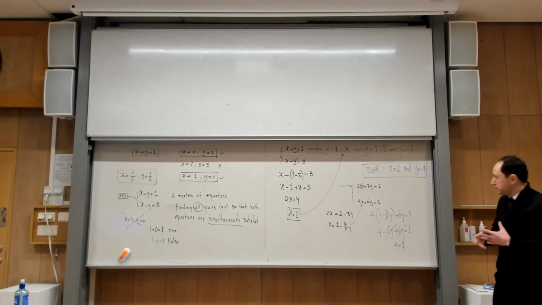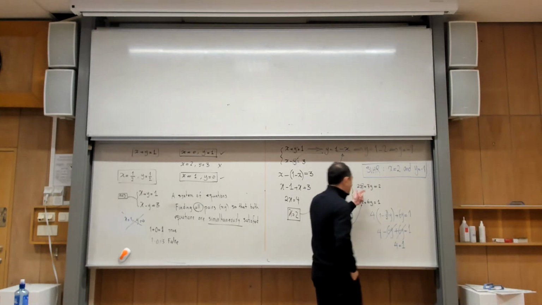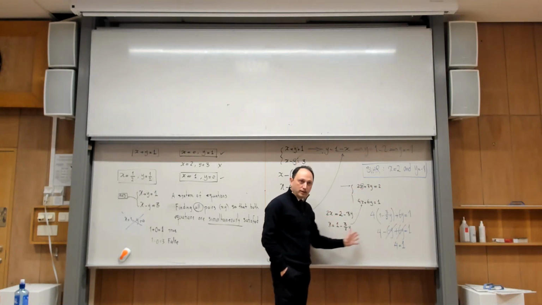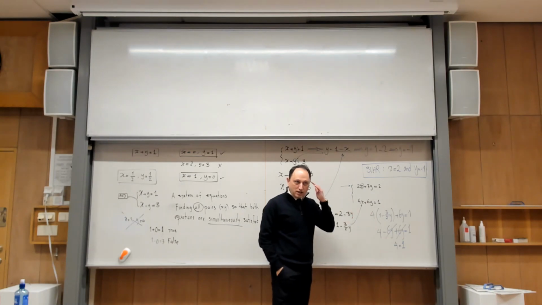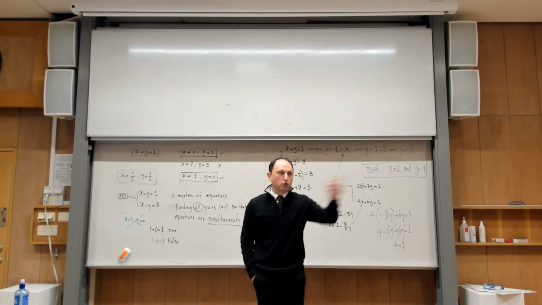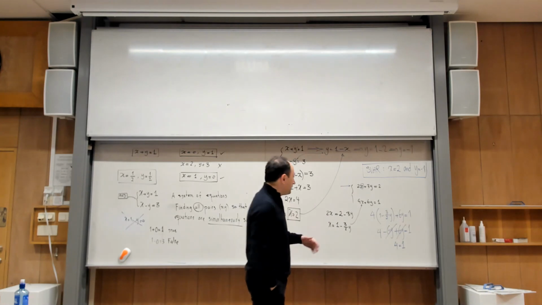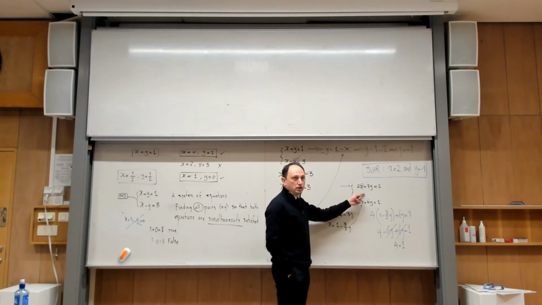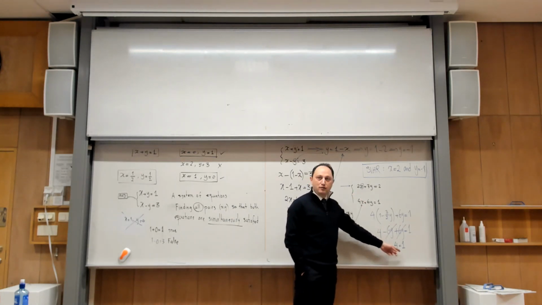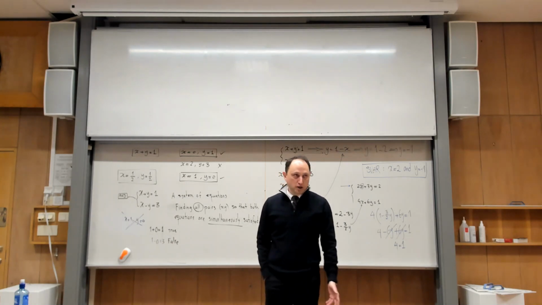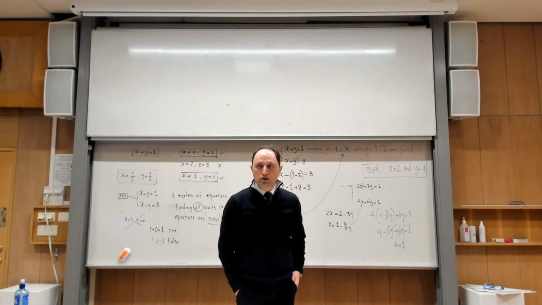When you are solving the system, it means that you think there is a solution and you are looking for it. But now, if you assume that there is a solution, you have to admit that 4 is equal to 1. But this is not possible, so it means that there are no solutions.